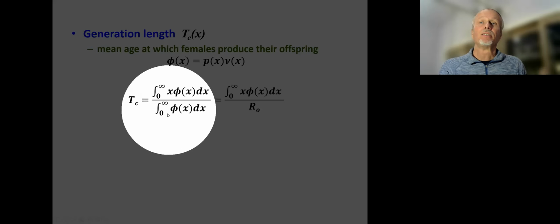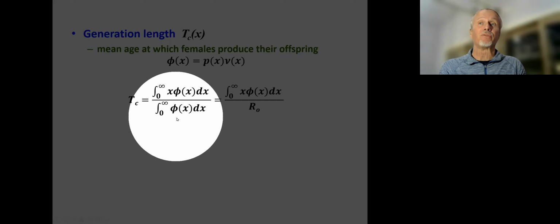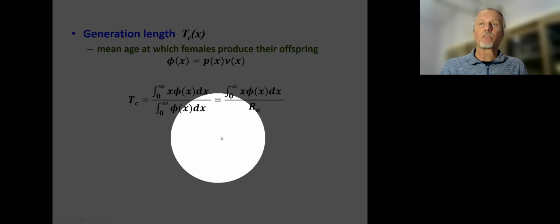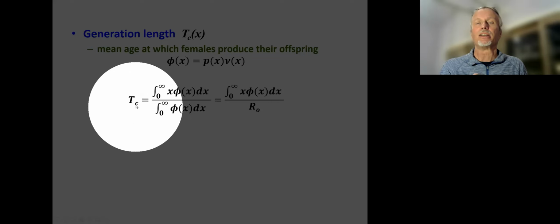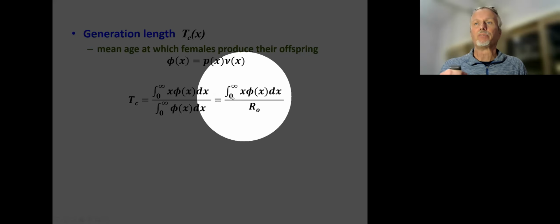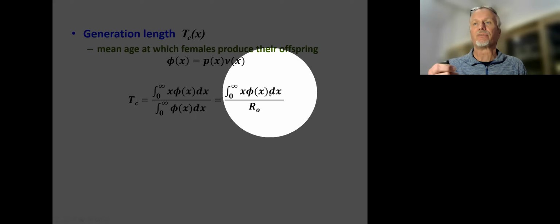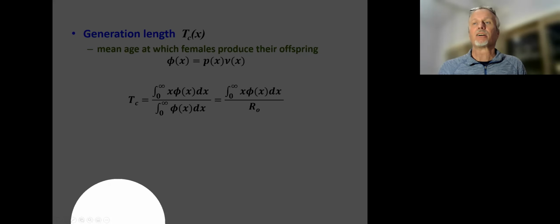When we look at this denominator, we know that the integral between 0 and infinity of phi of x dx is equal to R naught. And so the length of the generation can be computed as the integral of x times phi of x divided by R naught.